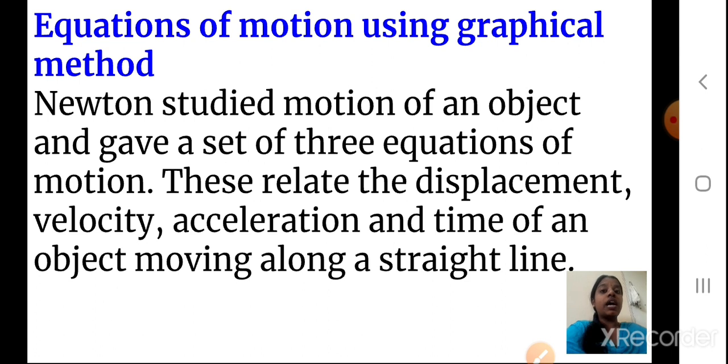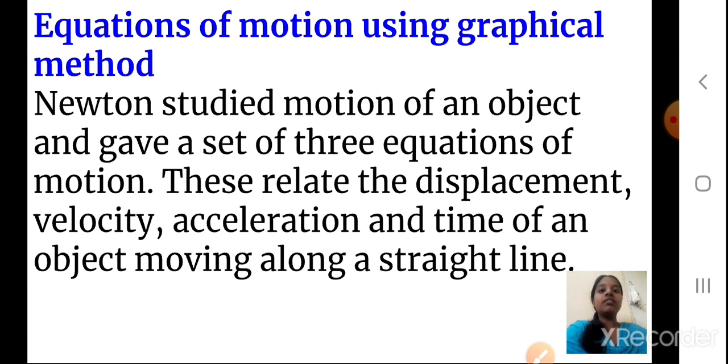now we are going to start with the equations of motion using the graphical method. Using the graphical method only, we are going to derive some equations. Now Newton studied the motion of an object and gave a set of 3 equations of motion.